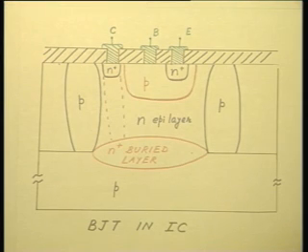The first requirement is that the surface concentration of this buried layer should be comparatively low. If the surface concentration is not low, then there will be considerable auto doping from this buried layer, and the epitaxial layer doping concentration itself will get modified to a large extent.